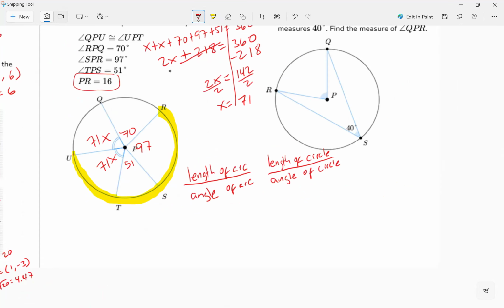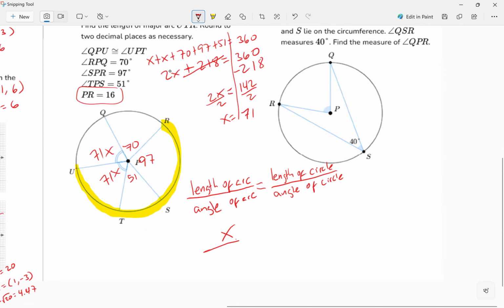By the way, these two fractions are going to equal each other. This is going to give me a proportion. Proportion means two fractions that are equal to each other. I don't know what's the length of the arc. That's what I'm solving. So let me call it x for right now. Now, I know the angle of the arc. For me to know the angle of the arc, I'm just going to add the angles of the arc.